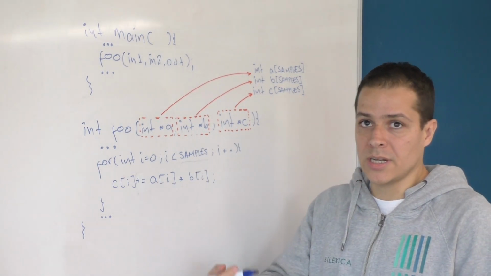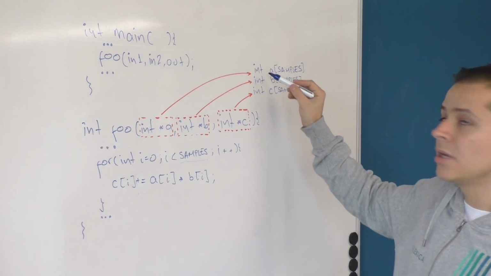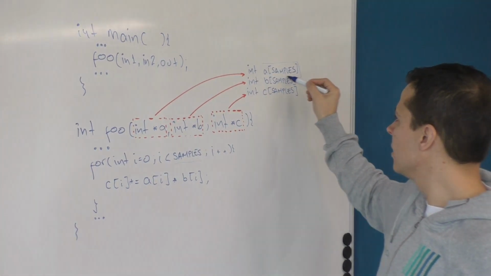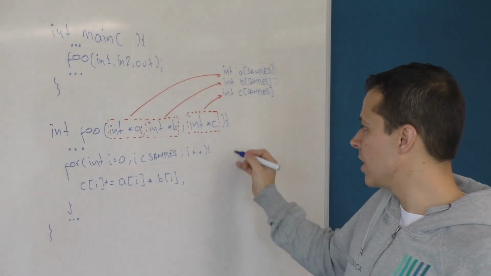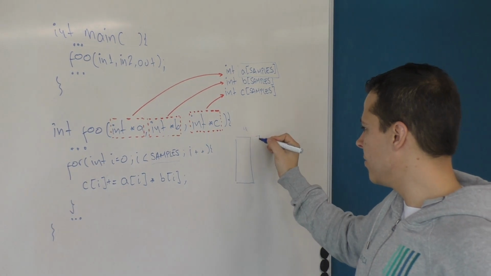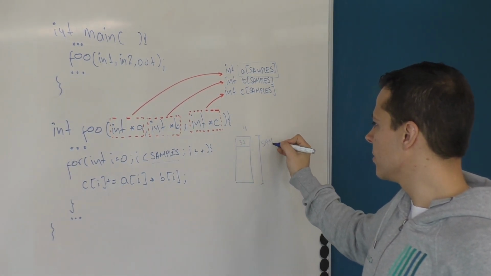So a good HLS coder will take this code and translate it into something like this. So the function argument will be of fixed size, and then the HLS tool knows that it needs to synthesize an array A of 32-bit positions of size samples.